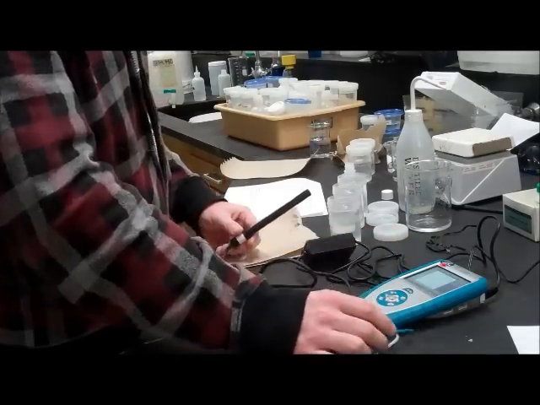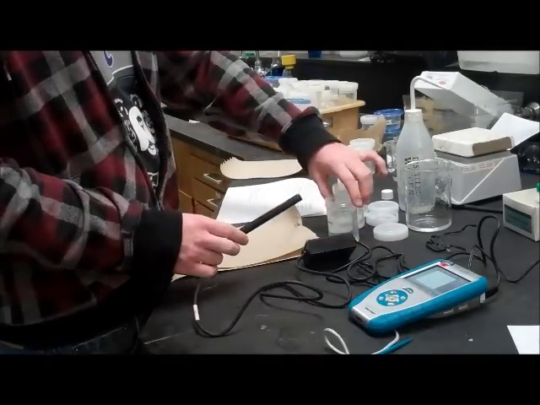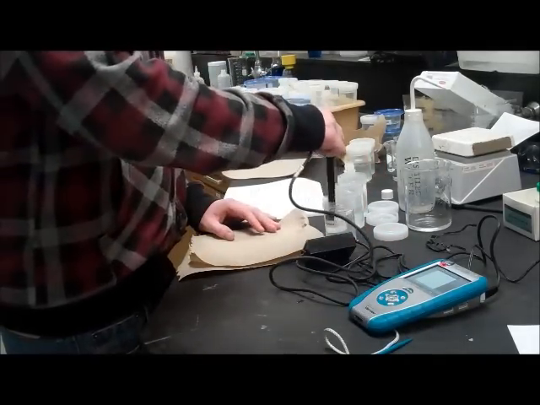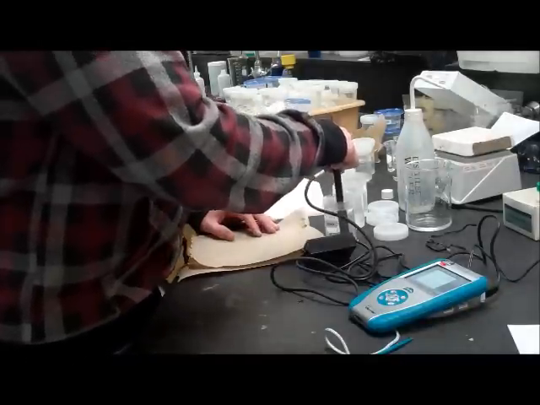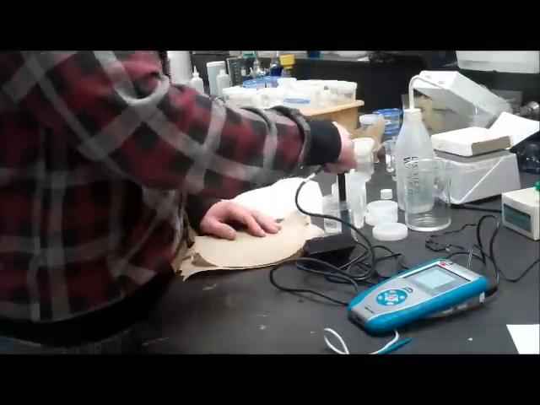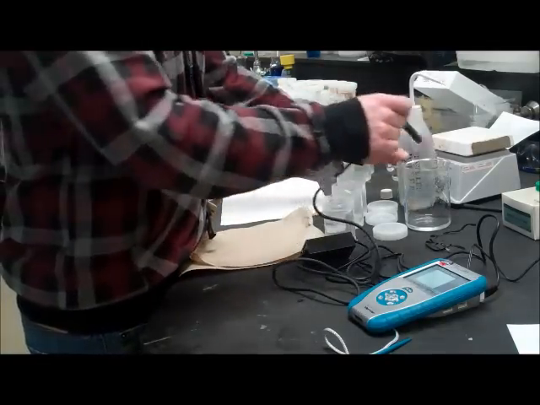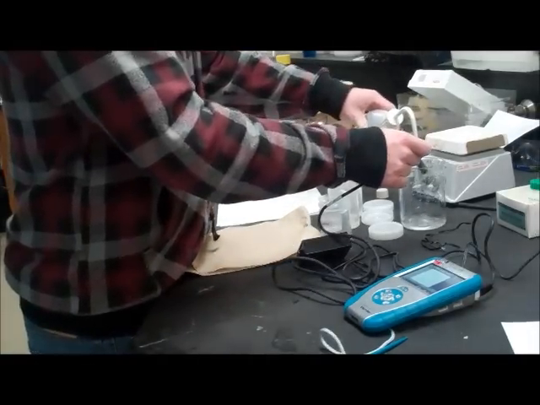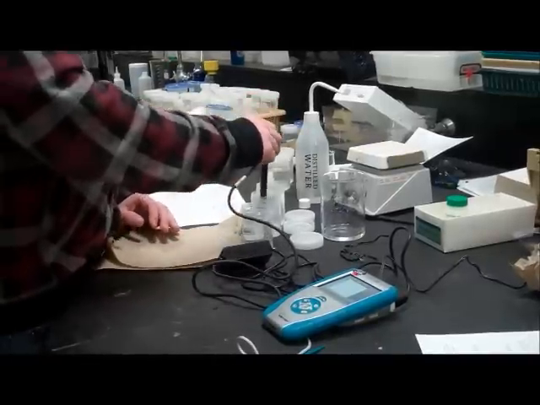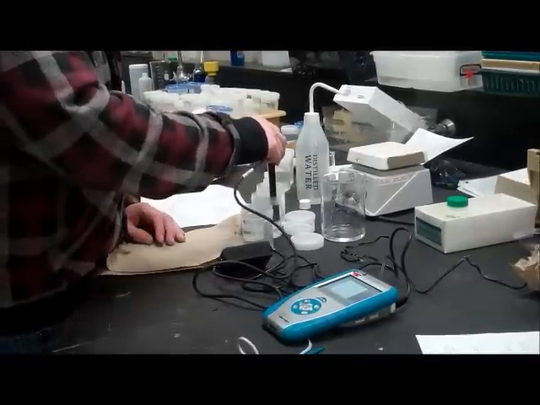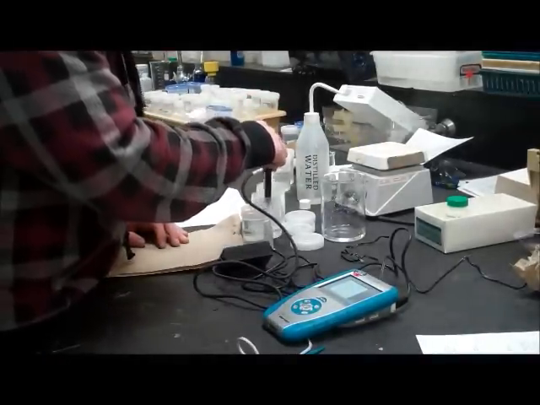This is group B, starting off with acetic acid. The reading is 396. The reading is 22,900.